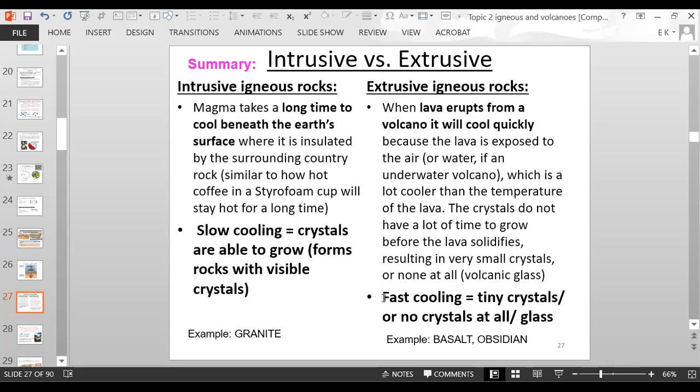So to summarize, fast cooling, you will find tiny crystals or no crystals at all. And that is glass. So basalt or obsidian are your examples there. And then again, slow cooling, you get crystals that are able to grow and they will be visible.